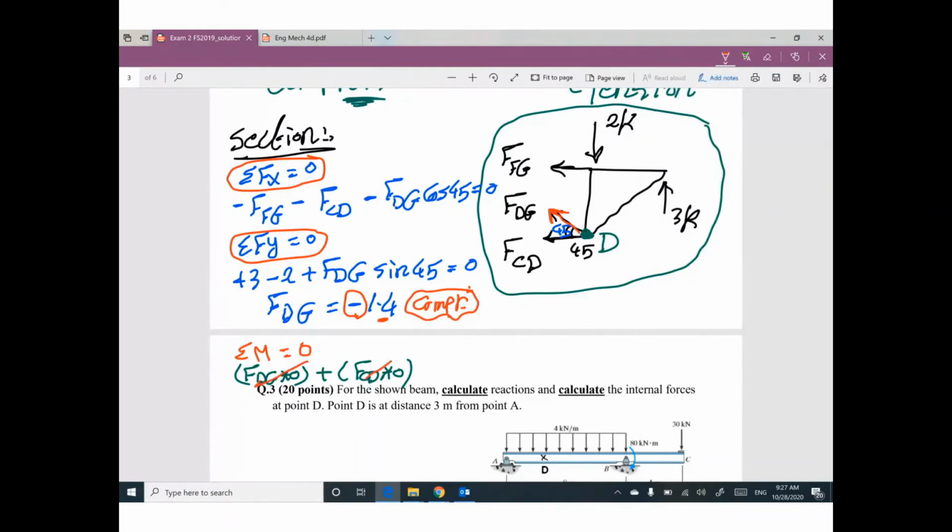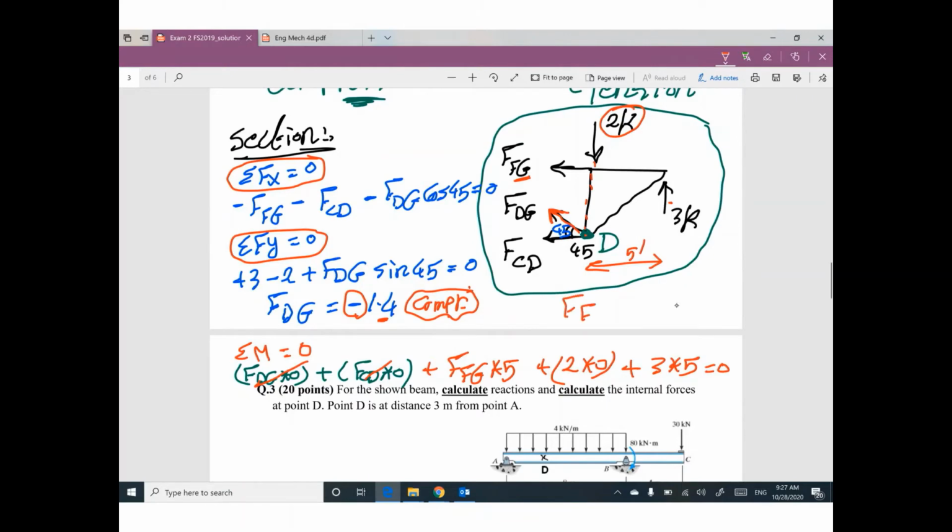We have FG times 5, the vertical distance. This one, 2 times 0. We don't have distance. And 3 times 5, this 3 times the horizontal distance 5, equals 0. The only unknown in this equation is FG.